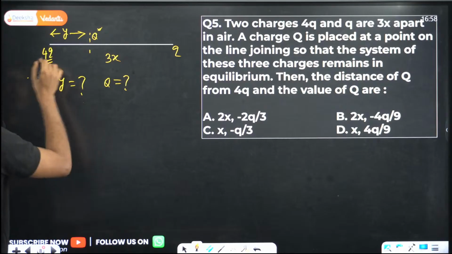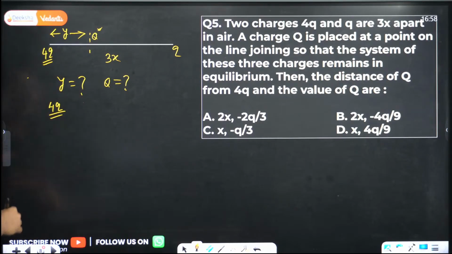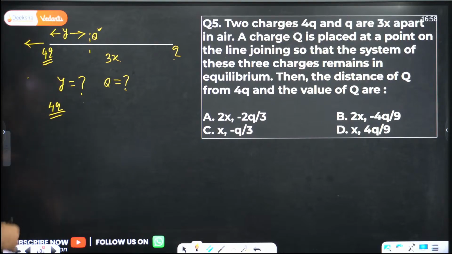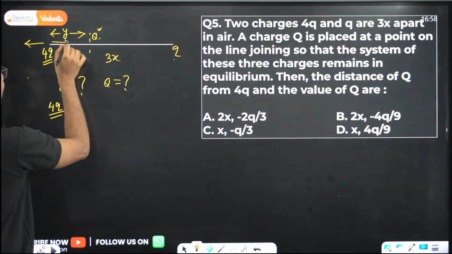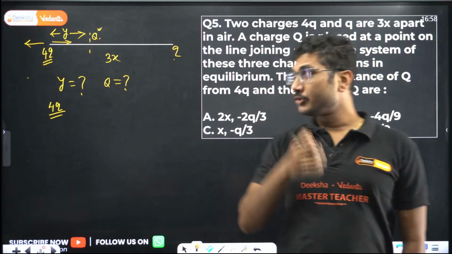Let's see. First we will consider the equilibrium of the charge 4q. What are the forces acting on it? There is a repulsive force due to this q in this direction, and that means this capital Q must be negative, and this should attract the object in the opposite direction.